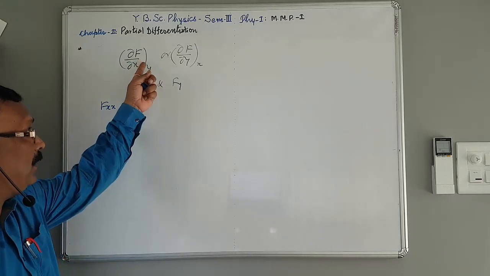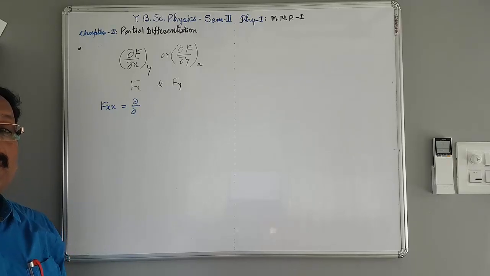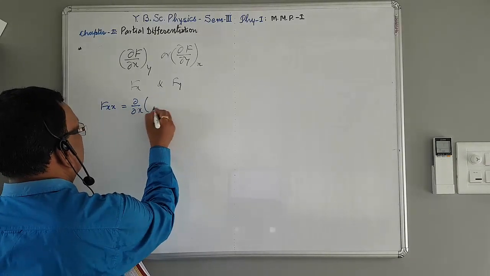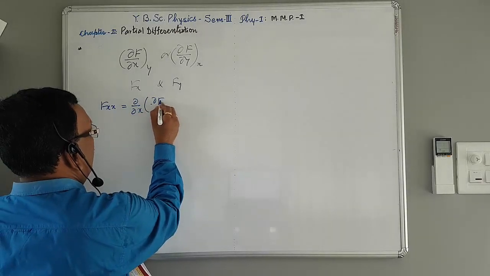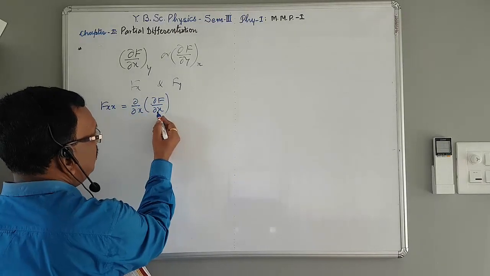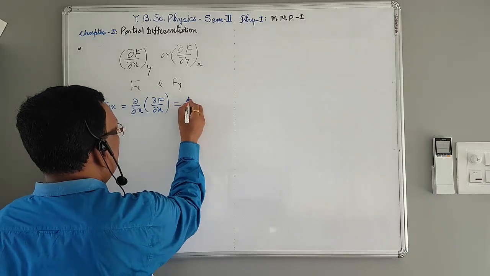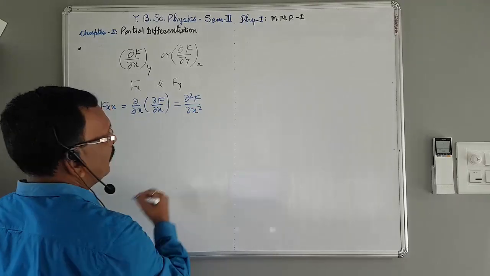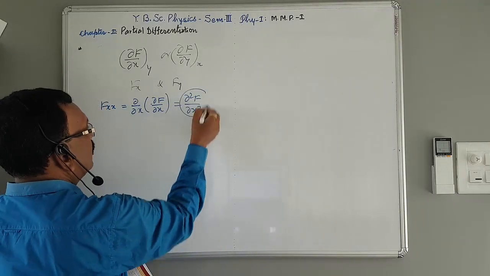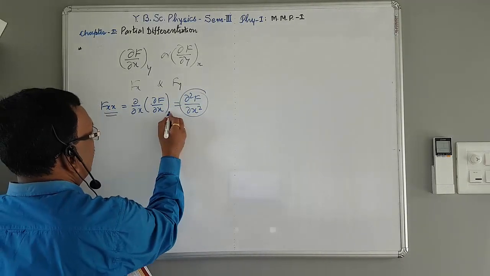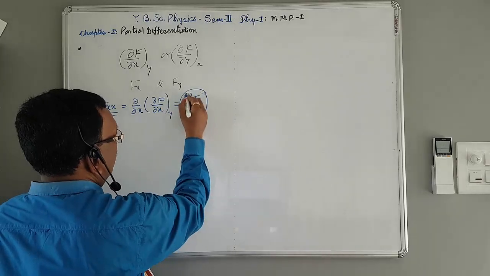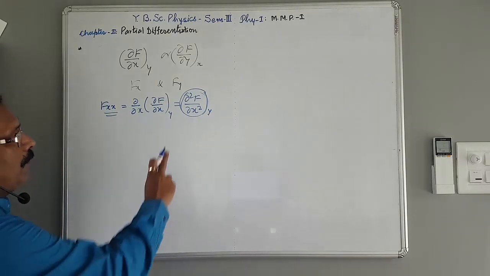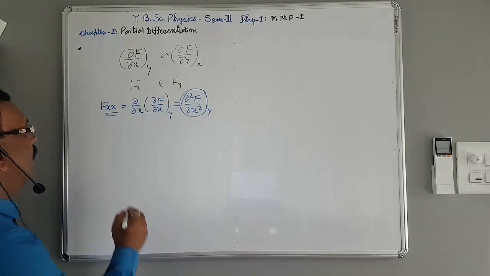Then we can differentiate the first order derivative again, and we get ∂/∂x of (∂f/∂x). This is the first order derivative, and we have ∂²f/∂x², which is nothing but fxx. We may write y here, or it is not necessary, because y is kept constant.